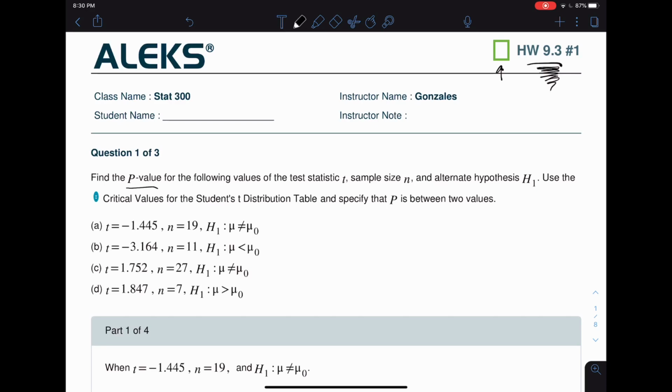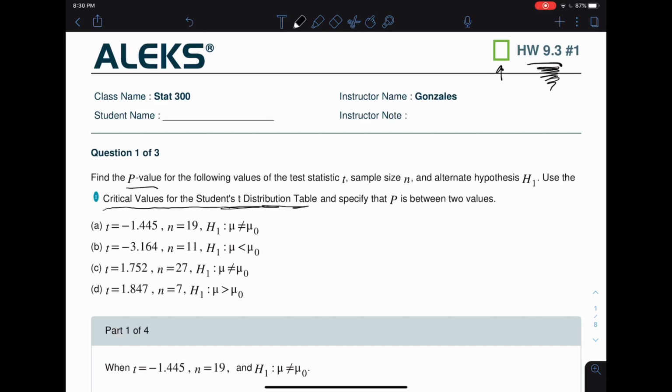Of course, you could use the calculator and it would be less messy, but they're giving us the t distribution table to get these p-values, and it's just a little bit messier. So I need to ask a question from 9.3 and also 9.2, but for 9.3 I won't ask it from a p-value side. I would ask it from a critical value rather than a p-value.